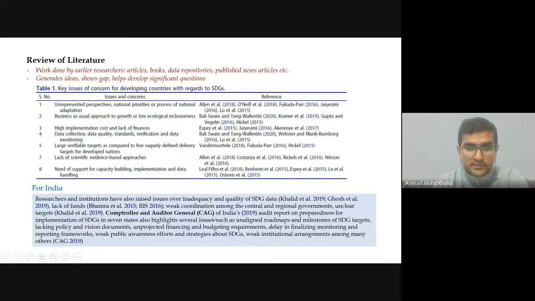There's a report of India's 2019, which says that SDG implementation in 7 states highlights several issues such as unaligned roadmaps, milestones of SDG targets, and budgeting requirements, delay in finalizing monitoring, weak public awareness efforts, and others.